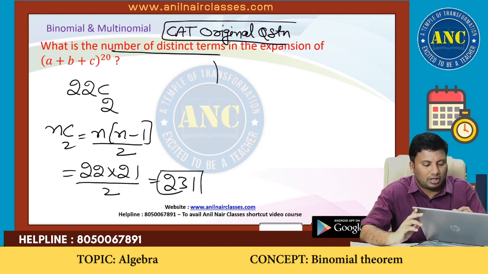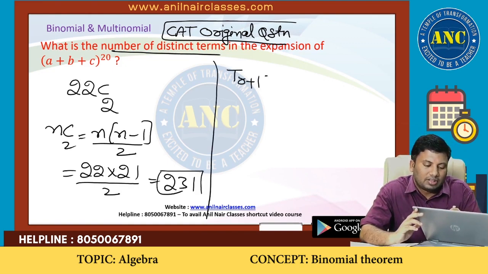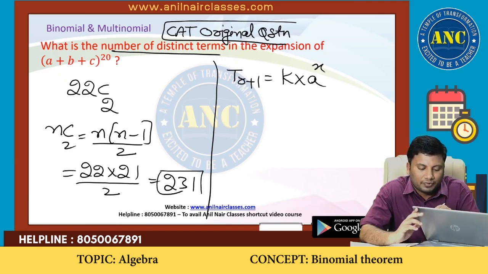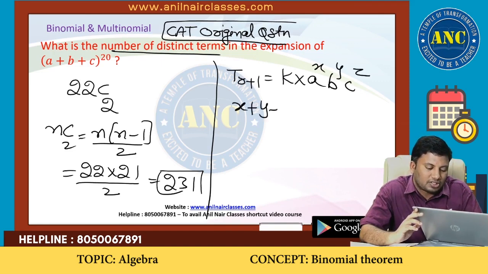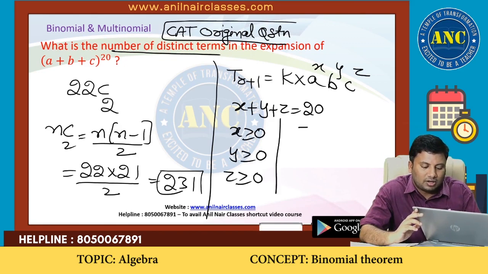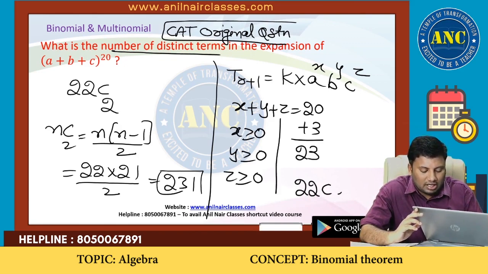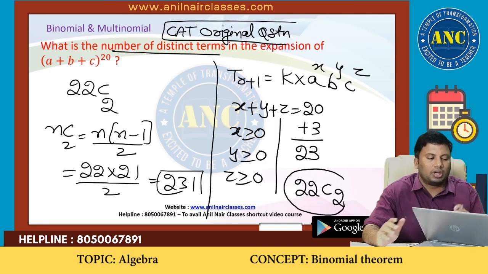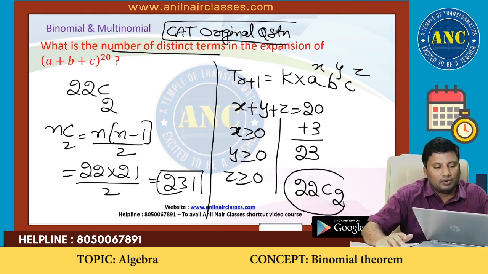Or in case you want, the generic term is given by k, which is nCr, a power x, b power y, c power z. x plus y plus z is nothing but 20. Powers can also take 0. x greater than or equal to 0, y 0, z 0. 20 plus 3 is 23. Answer is 22C2. You don't need to do all these. Directly you can get the answer.